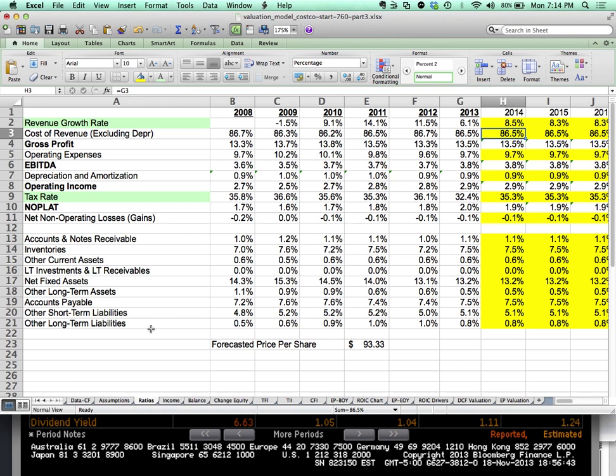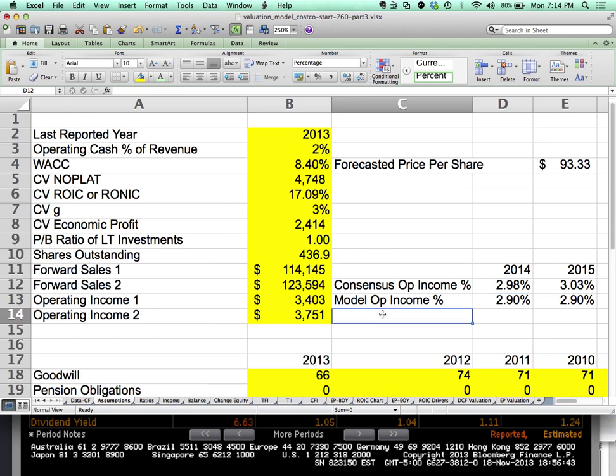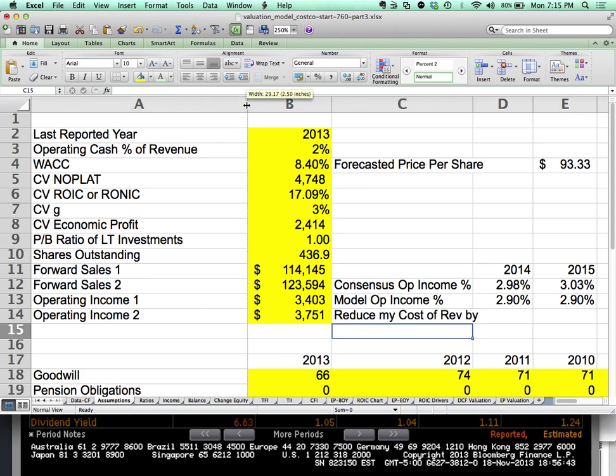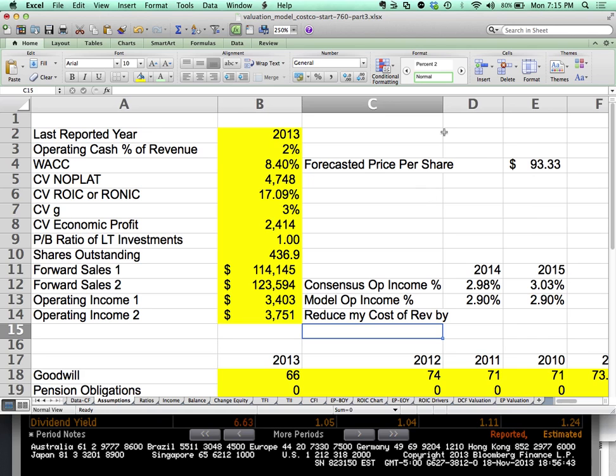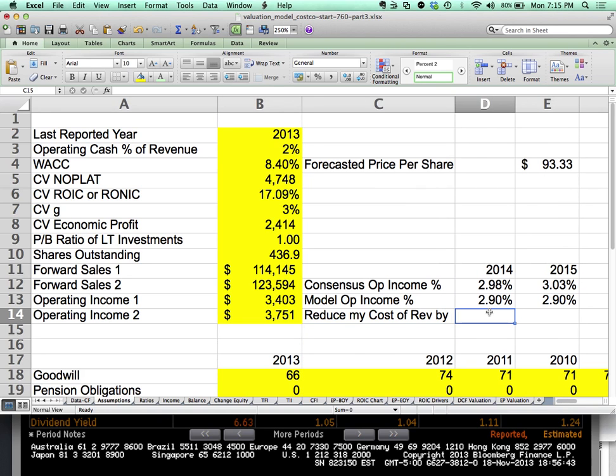So here's what I need to do. I need to reduce my cost of revenue by the operating income that I need minus the operating income in the model.